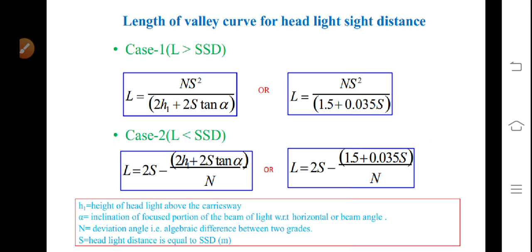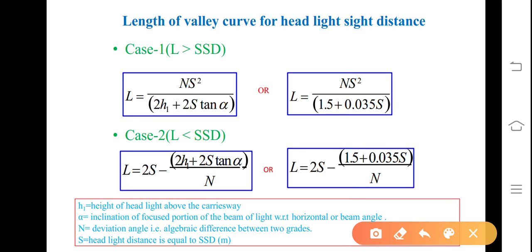For example, if you are taking a valley curve, when the vehicle is at the bottom point, the headlight height is taken as 0.75 meter. In the term 2h1, that is 2 into 0.75.